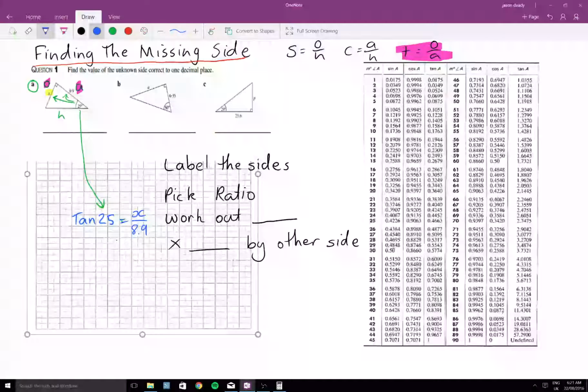My next step is to work out what the tan 25 is. I worked that out using the table.